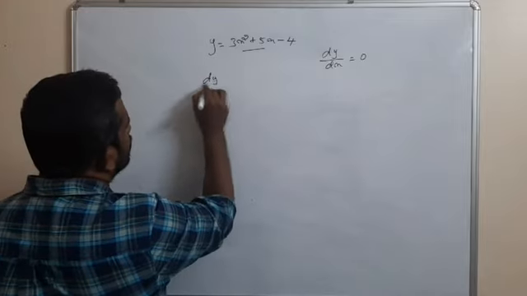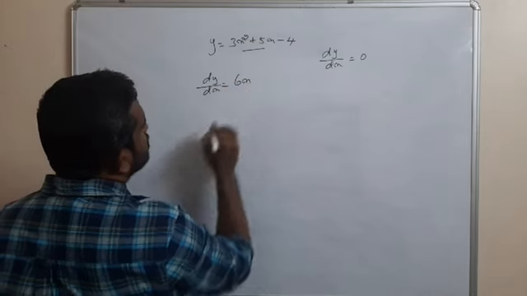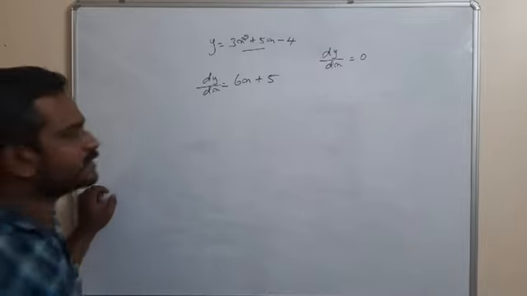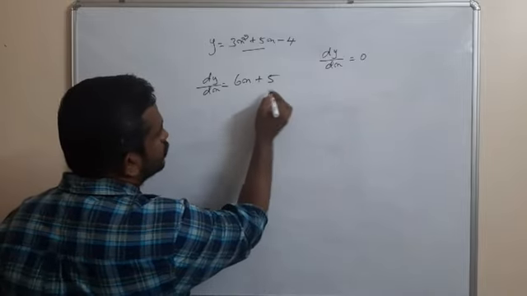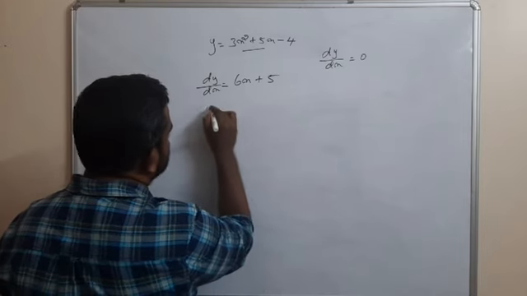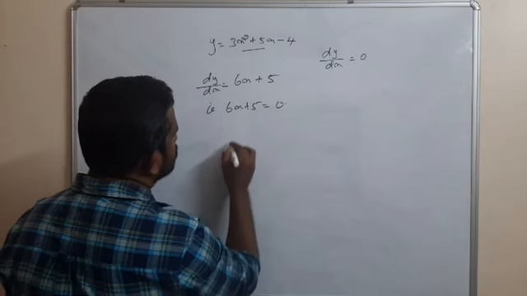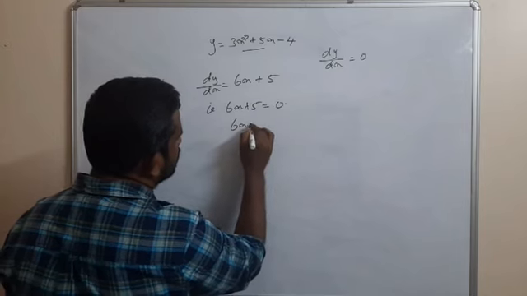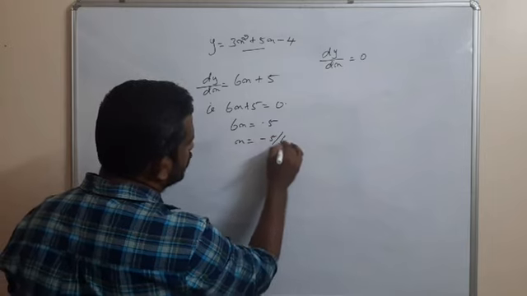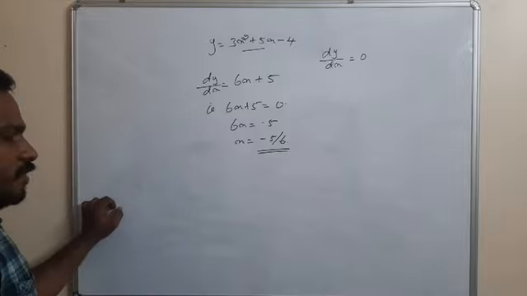So dy by dx equal to 6x plus 5. So dy by dx equal to 0, that is 6x plus 5 is equal to 0, 6x equal to minus 5, x equal to minus 5 by 6.